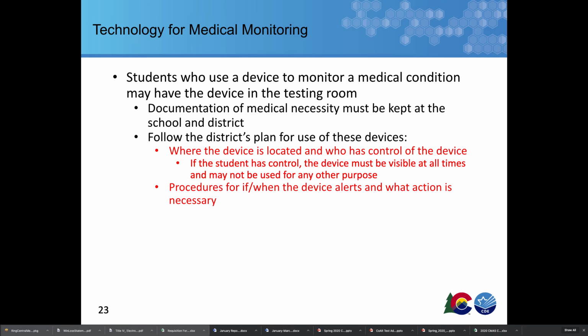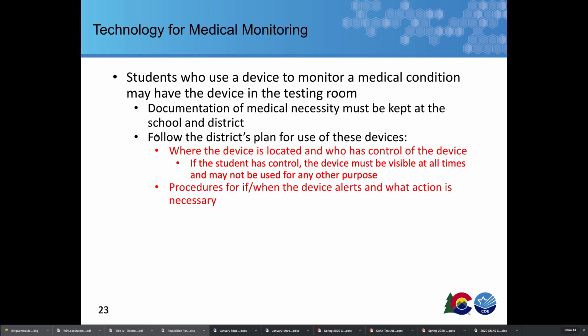Okay, technology for medical monitoring. We have several students who use a device to monitor their glucose levels or other things. That's the only exception where students could have a cell phone in the testing environment. They can't have a cell phone for speech-to-text, but it could be a device capture with an iPad on airplane mode.